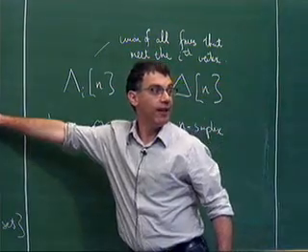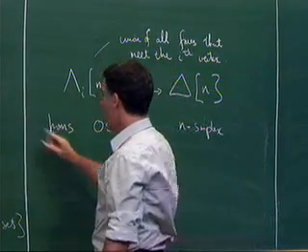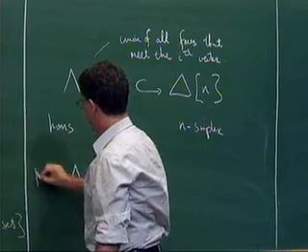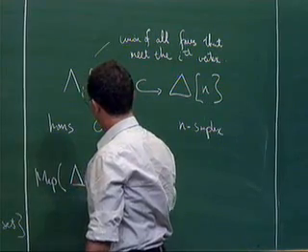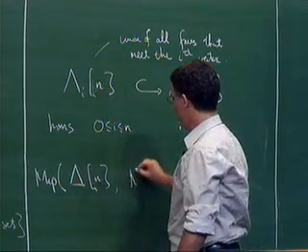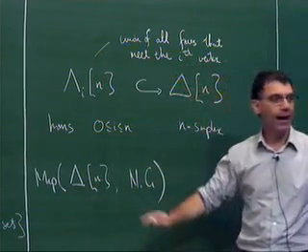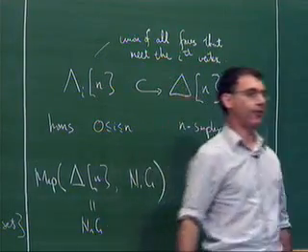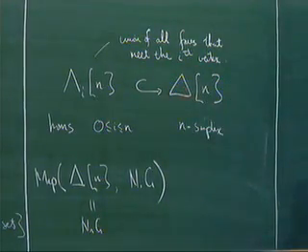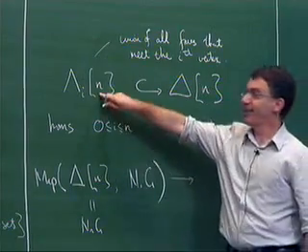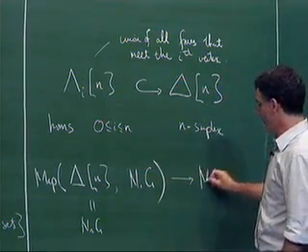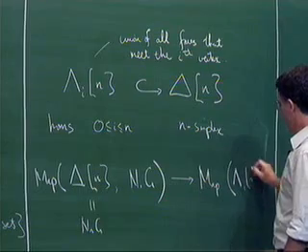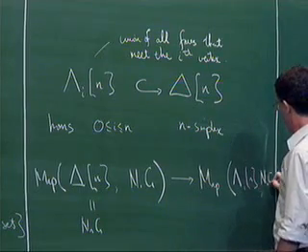If I take the nerve and look at all simplicial maps from the n-simplex to the nerve, which are just the n-simplices of the nerve, then by restriction to this subcomplex I get a map of sets to the horns in the nerve.